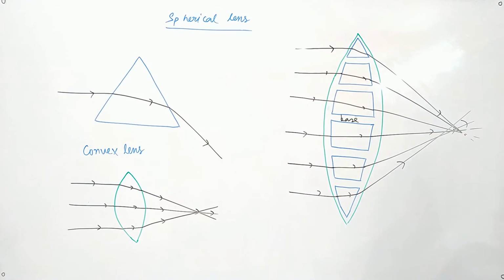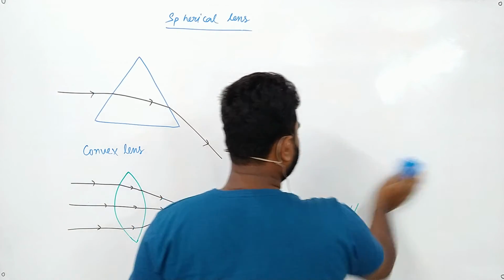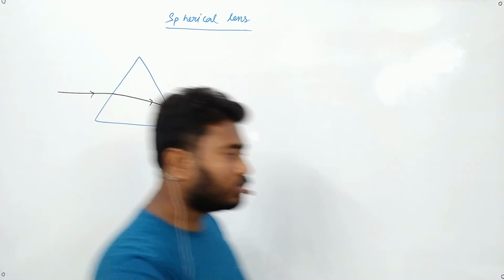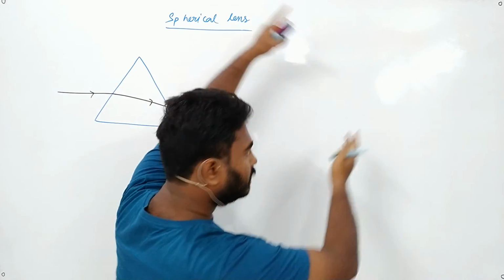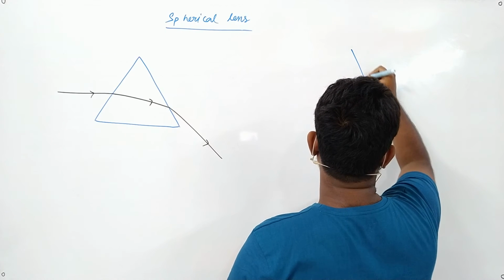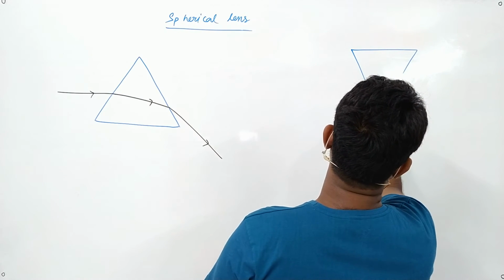Now, we will understand the other case. See, suppose I am doing this only, but I am just inverting the prism and I am doing it. Suppose this is my prism and I am inverting it.